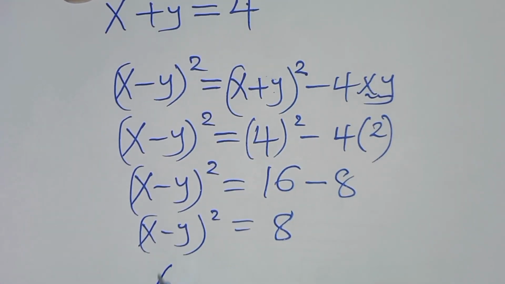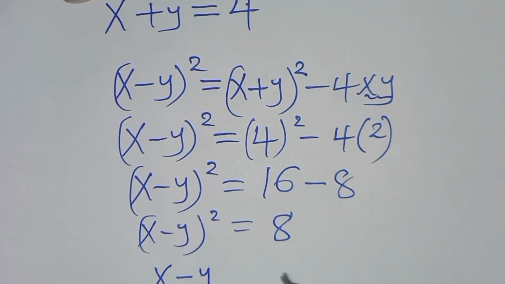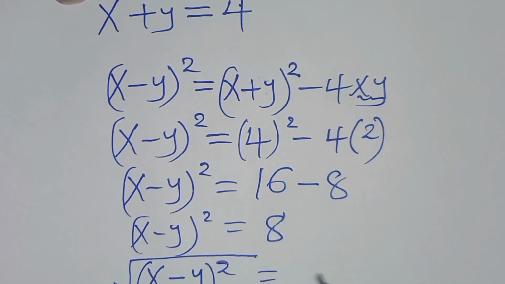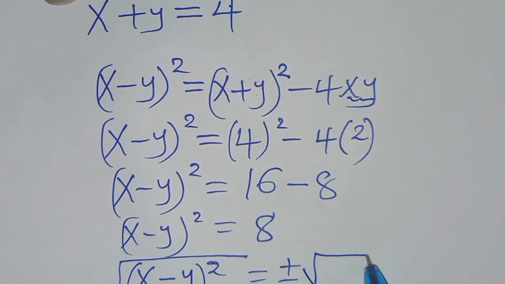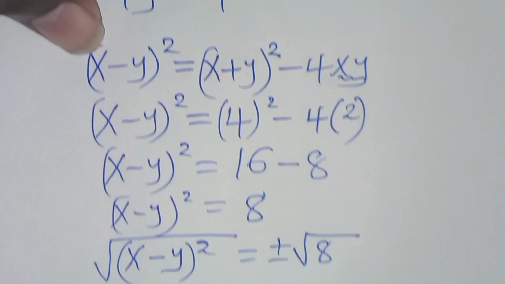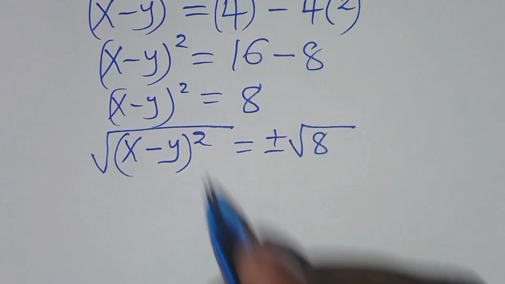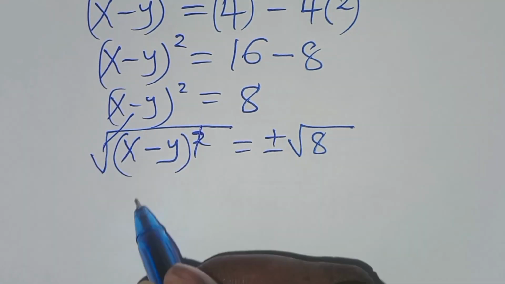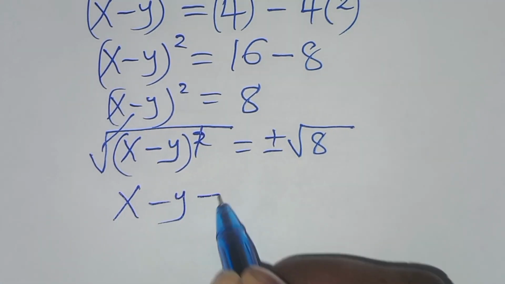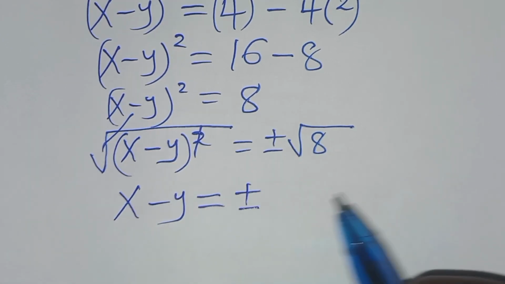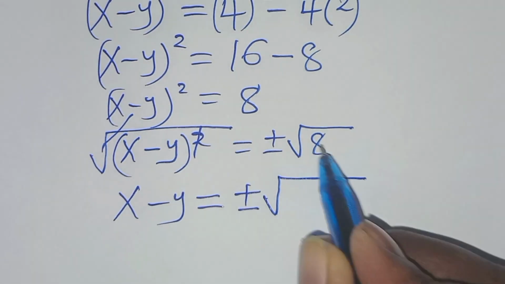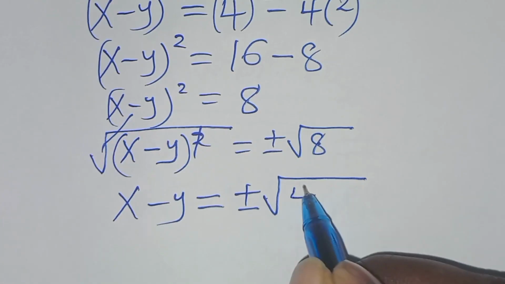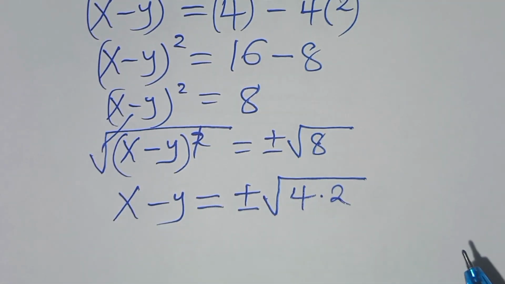So for x minus y, we introduce a square root sign on both sides, so that here we have plus or minus the square root of 8. Let's simplify here. We can express 8 as 4 times 2.